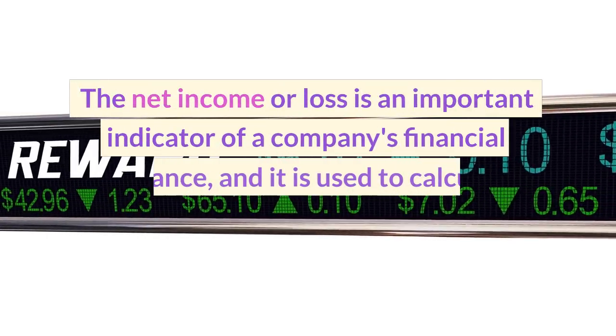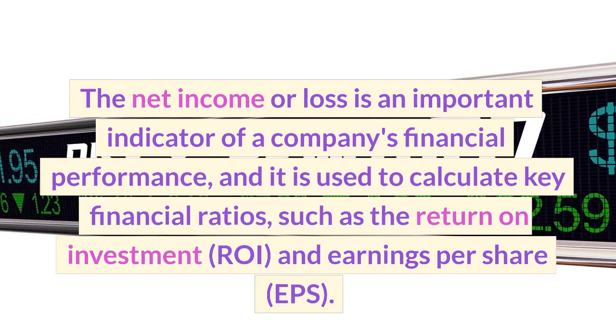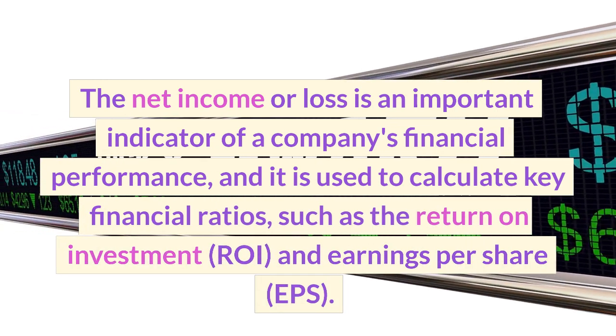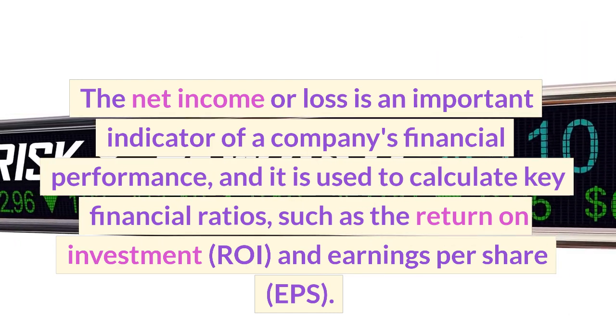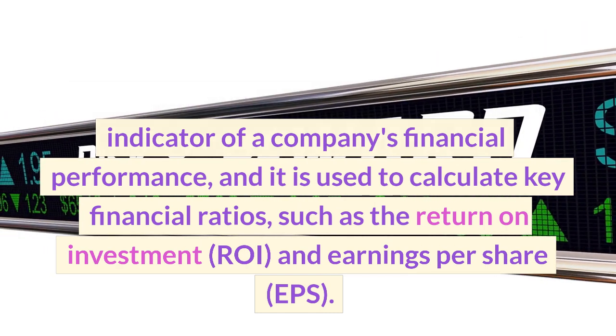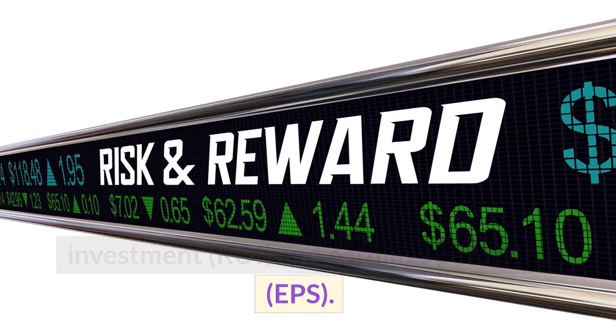The net income or loss is an important indicator of a company's financial performance, and it is used to calculate key financial ratios, such as the return on investment, ROI, and earnings per share, EPS.